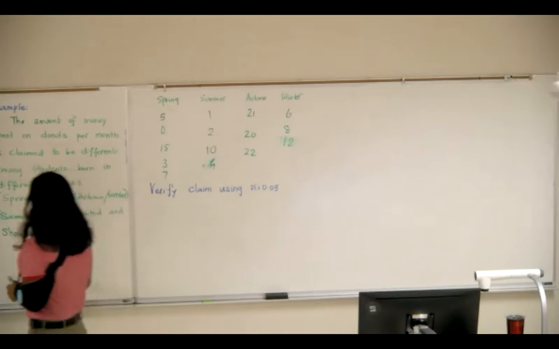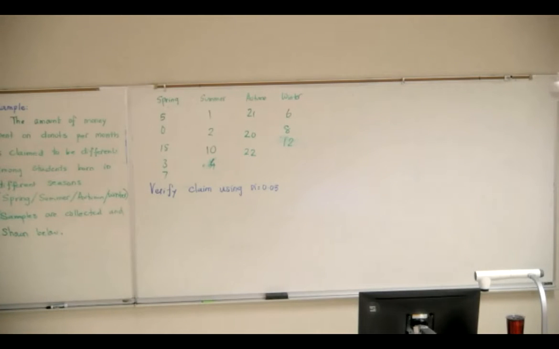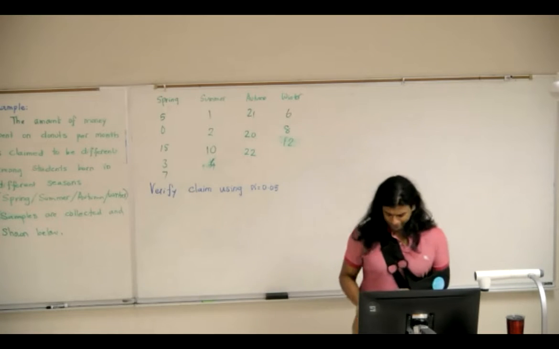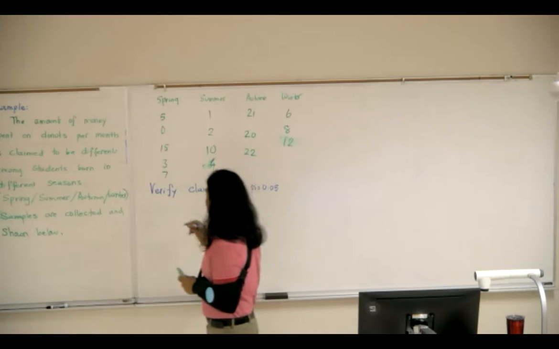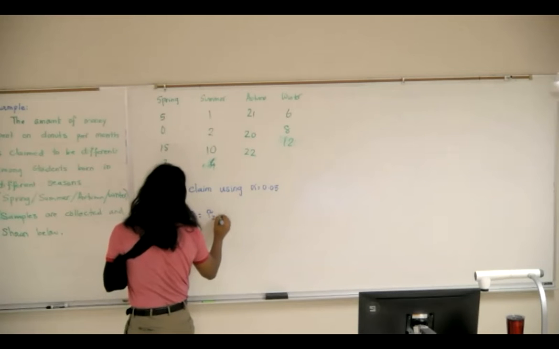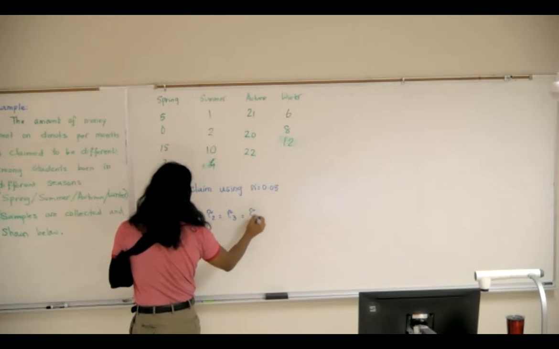So we want to verify the claim that the amount of money spent on donuts differs based on the season a student was born in: spring, summer, autumn, winter, and the data is shown up there. We want to verify the claim that they are different, and we are going to use the null: tau 1 equals tau 2 equals tau 3 equals tau 4.